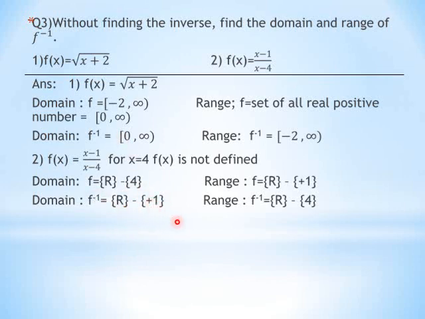For example, if you seek the domain of this, the range of this is all real numbers except 1, meaning if I put 1 here, 1 minus 1 is 0. Okay, so the domain is just converted to the range, and the range is converted to the domain.